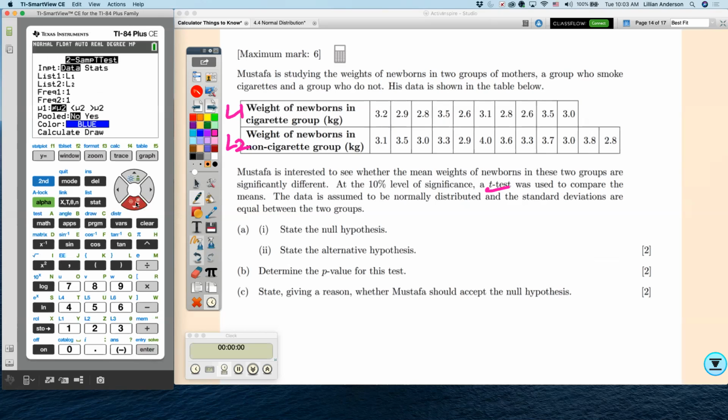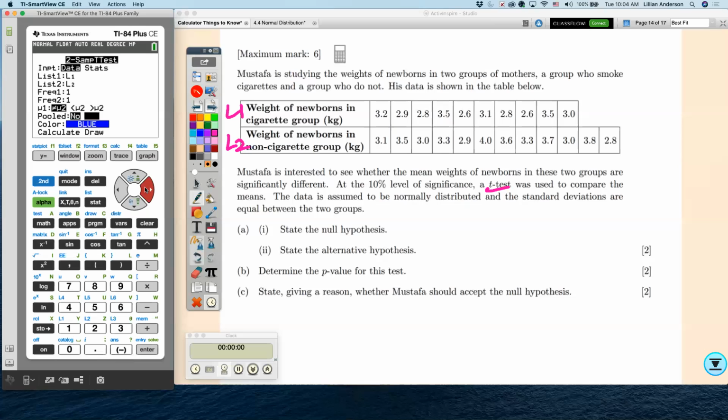Remember, you have to figure out which option to pick based off of your alternative hypothesis. It's either going to be not equal to, less than, or greater than. And pooled is always yes. You see what happens when your calculator's reset? It goes to no. So make sure, that's another thing, this is new, because the t-test was added this year, so I didn't know that was what happens when it gets factory reset.